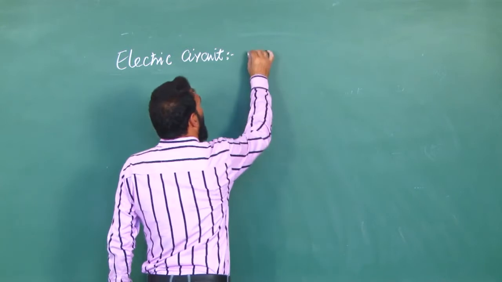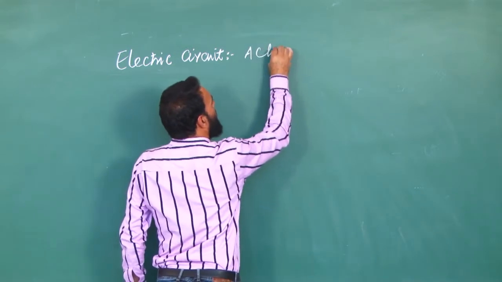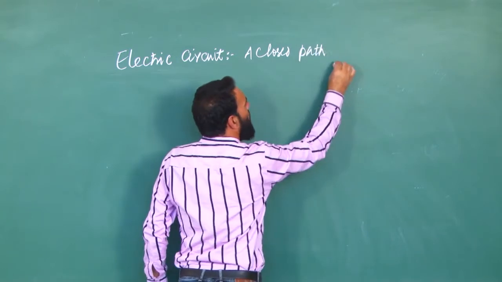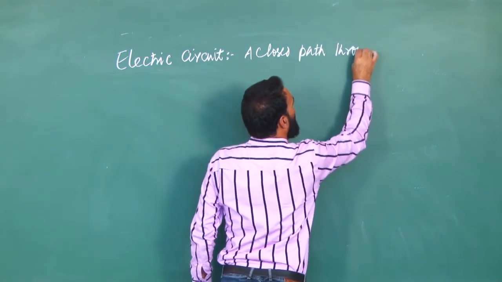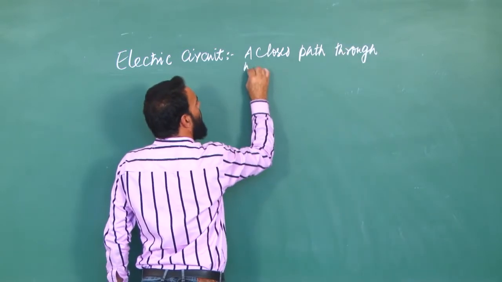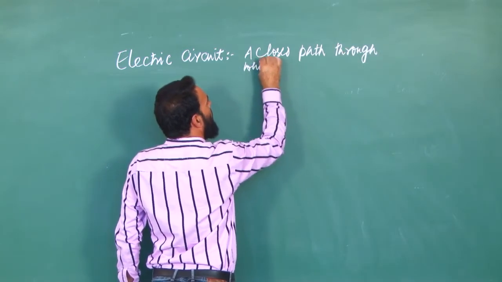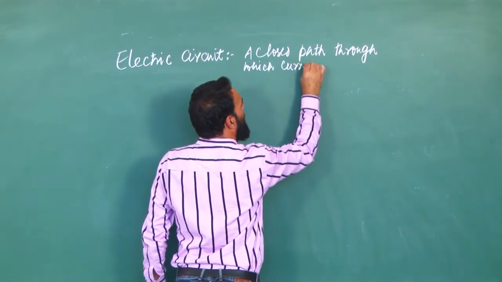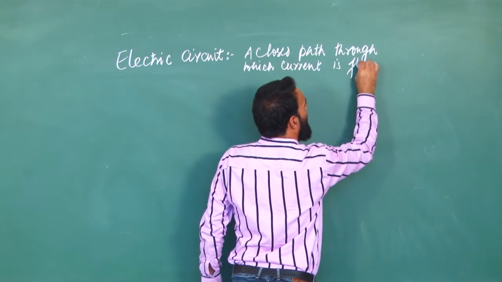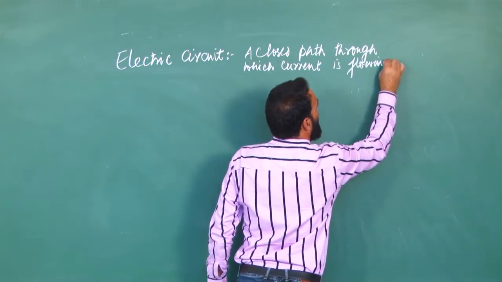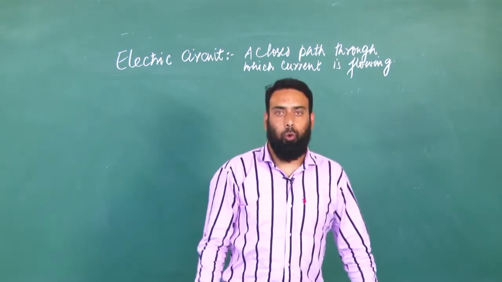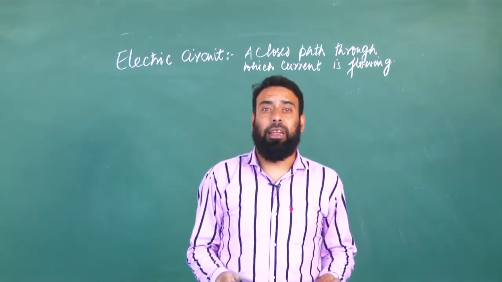We can say a closed path through which current is flowing. A closed path through which current is flowing is called an electric circuit.